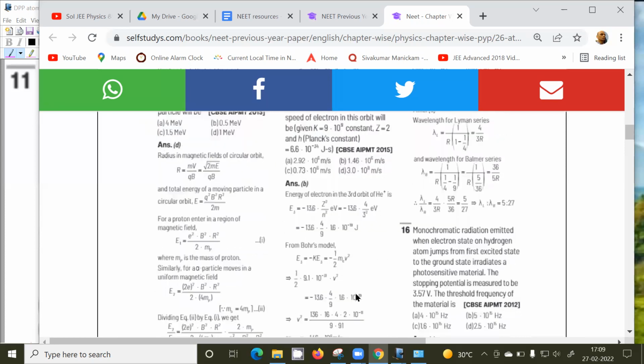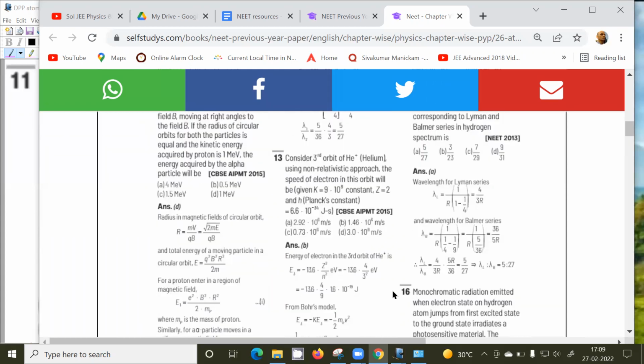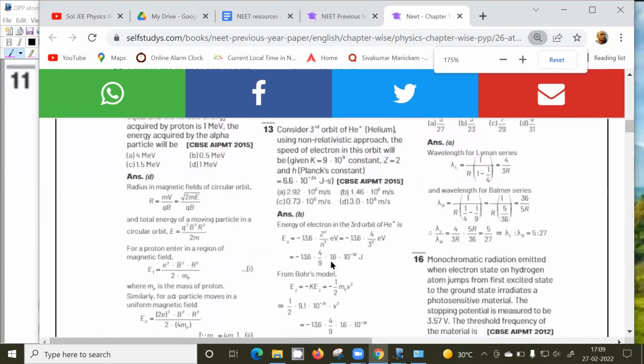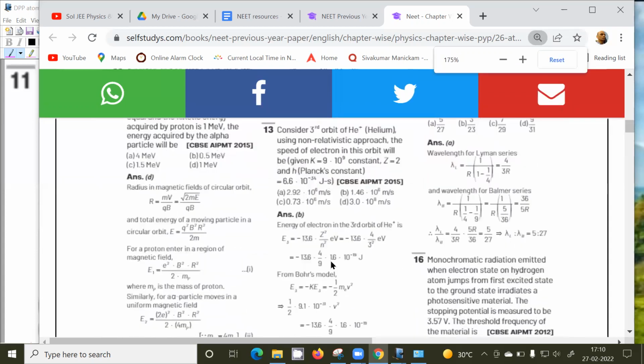You have to use that value as 3 by 137, into Z by n, where n value is 3. The diluted value will be what, sir? 0.6.